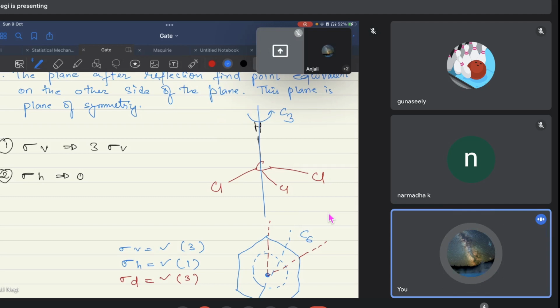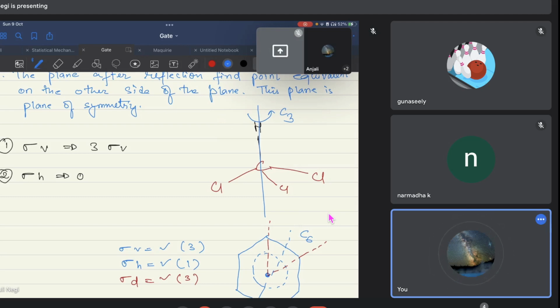Sigma v was the plane which contained the principal axis of rotation, and it also reflects the molecule in such a way that I get an indistinguishable structure. You have to keep that in mind.